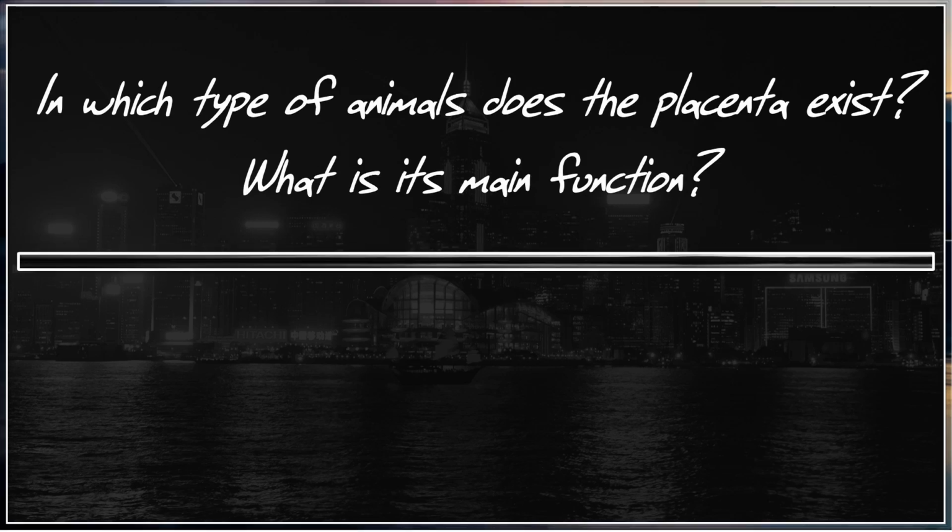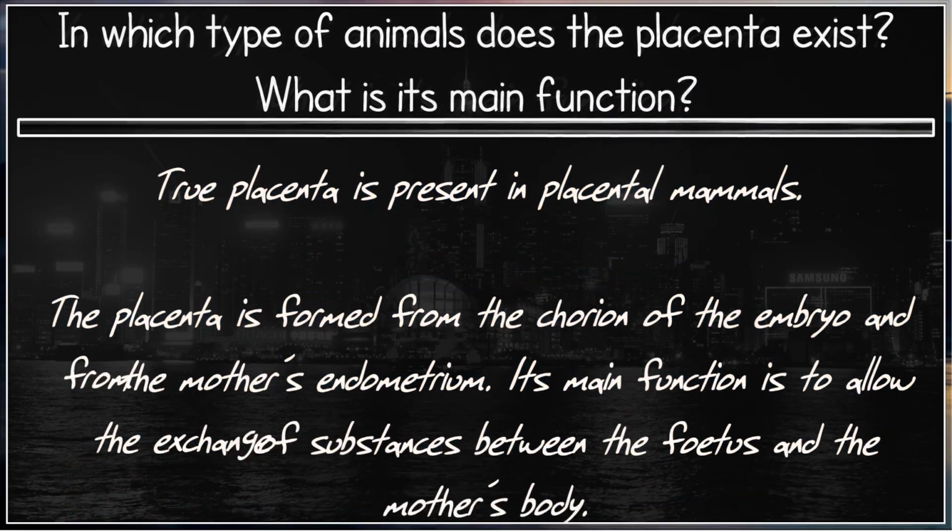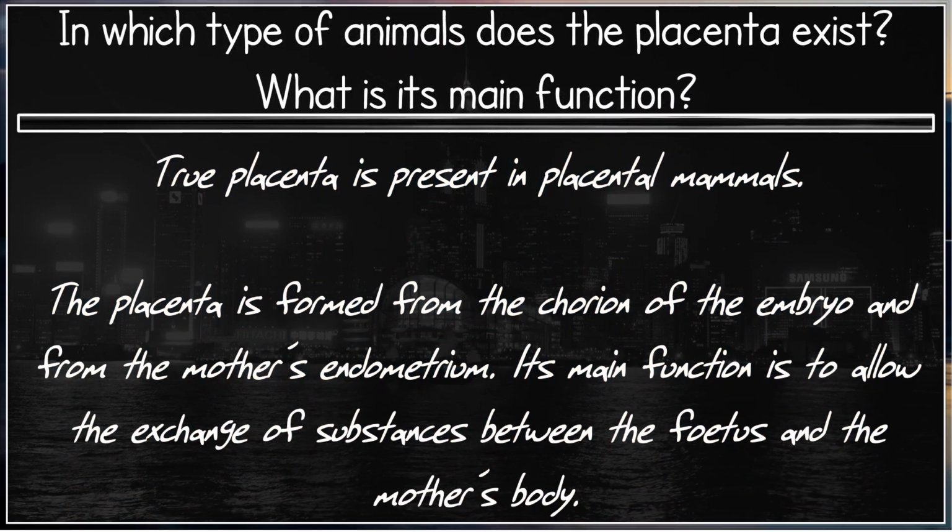In which type of animals does the placenta exist? What is its main function? True placenta is present in the placental animals.